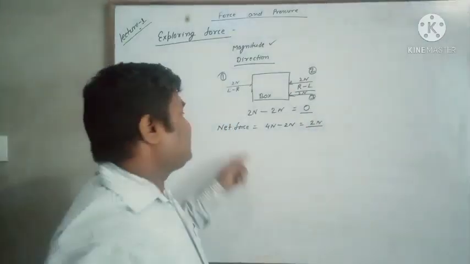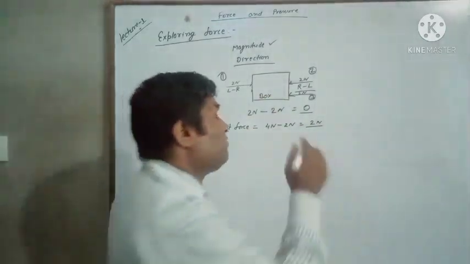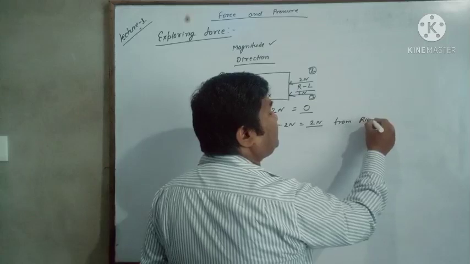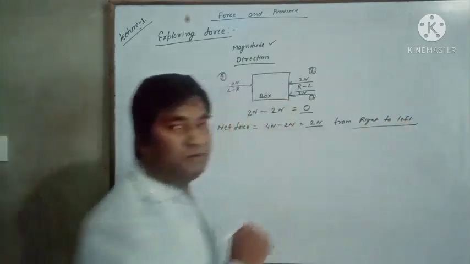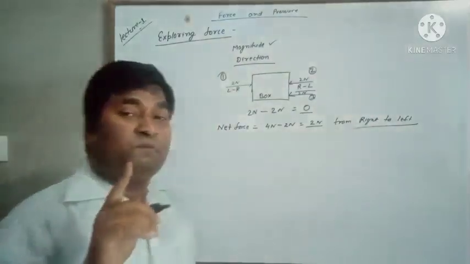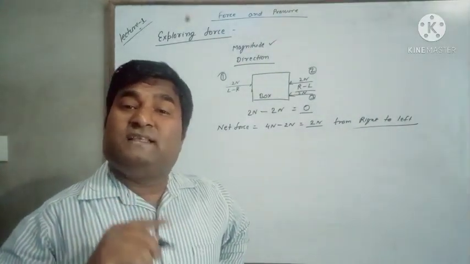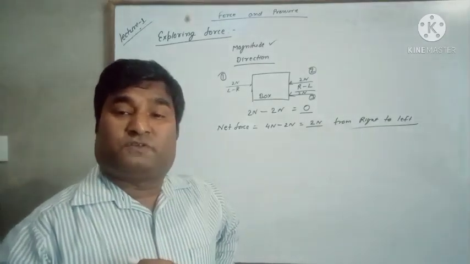The net force on the box is 2 Newton from right to left. Got the point? So not only the magnitude, the direction is also important when we are talking about force.